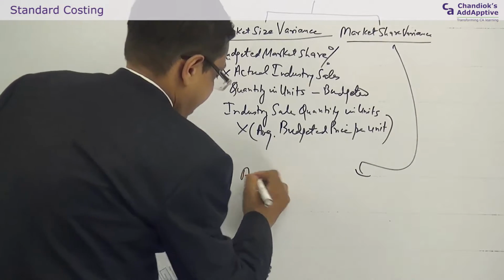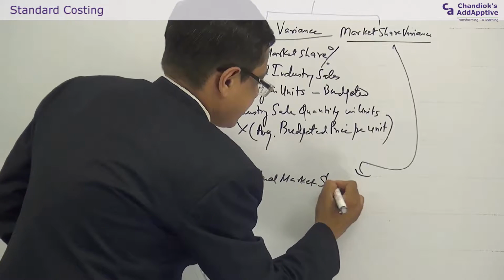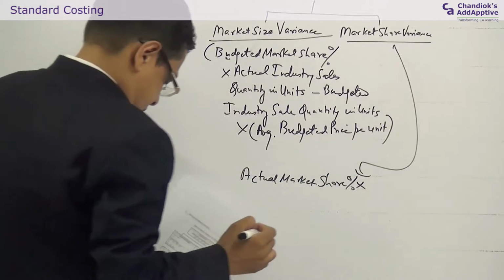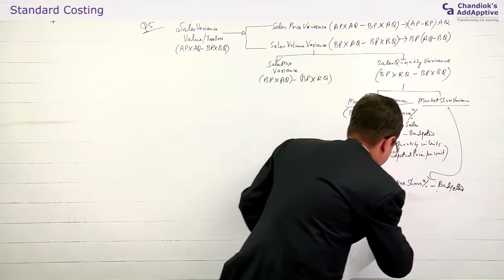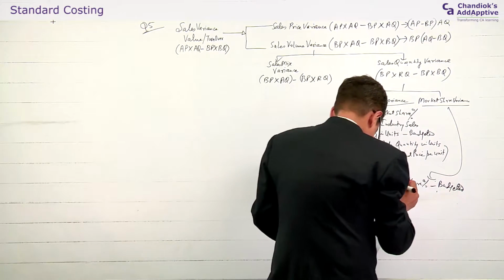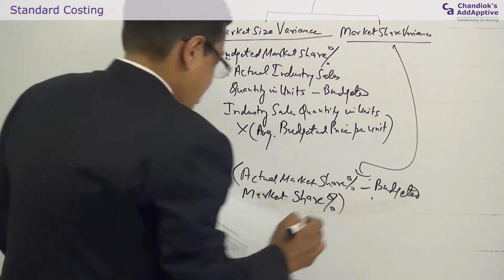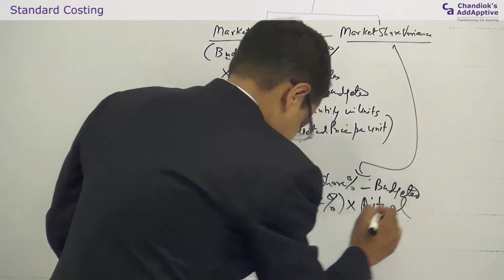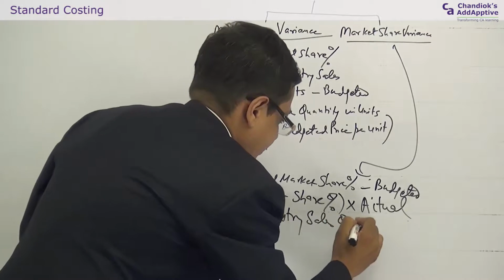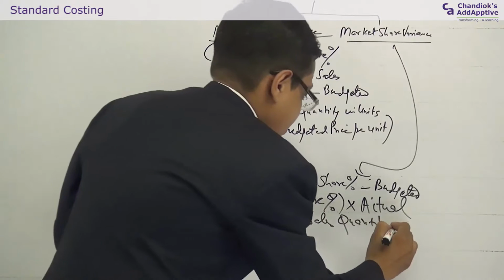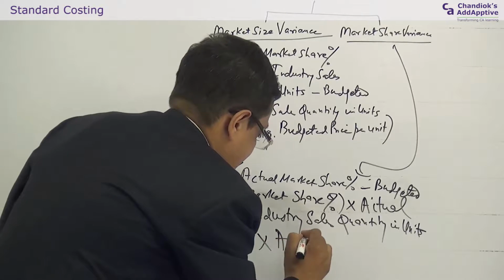It is actual market share percent multiplied by budgeted market share percentage, right, into actual industry sales quantity in units into average budgeted price per unit.